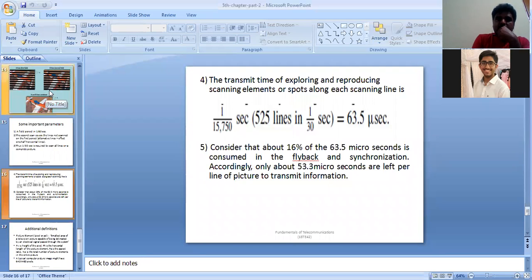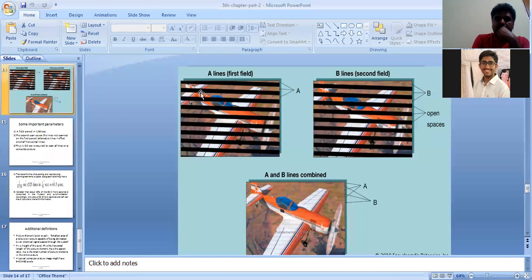So this is one horizontal line. Then it should fly back and start another horizontal line. Such 525 horizontal lines they have considered in each frame. One frame will look like a still picture.